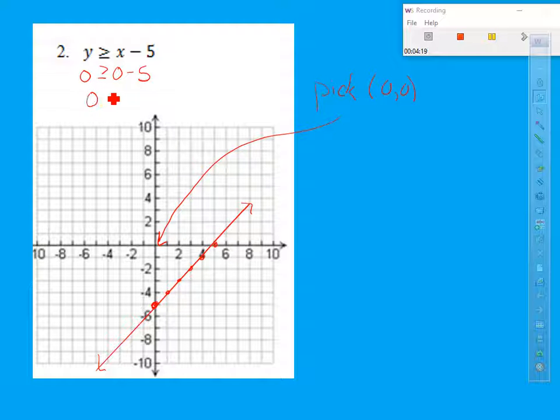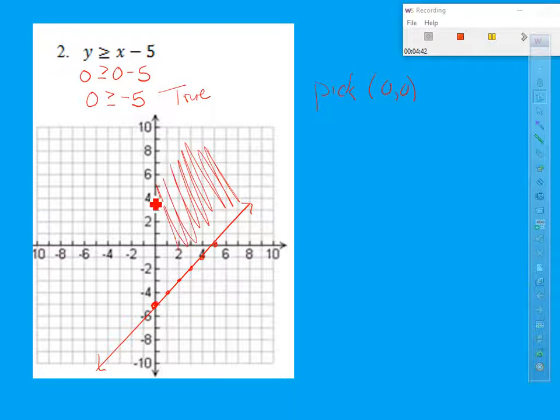So I've got 0 is greater than or equal to negative 5. Now, you decide if that's true or false. If it's true, then you're going to shade the side where 0, 0 is. If it's false, you're going to shade the other side. Well, 0 is greater than negative 5, so I want to shade the side where 0, 0 is. So there's my solution on that one.